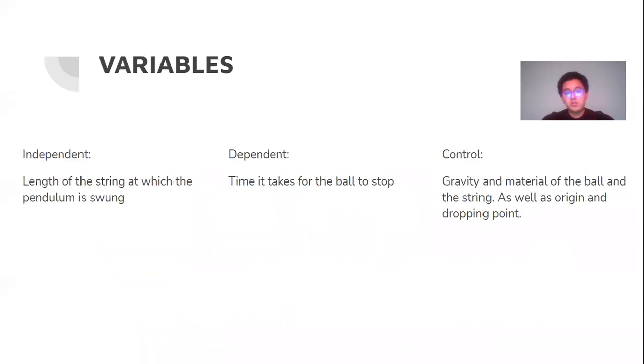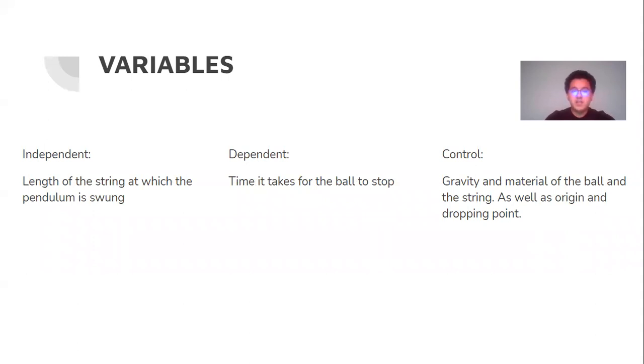So now we move on to identifying the variables. The independent variable, which is the one that is not dependent on the experiment, which means the one that we can control, the one that we can manipulate, is the length of the string at which the pendulum is swung.